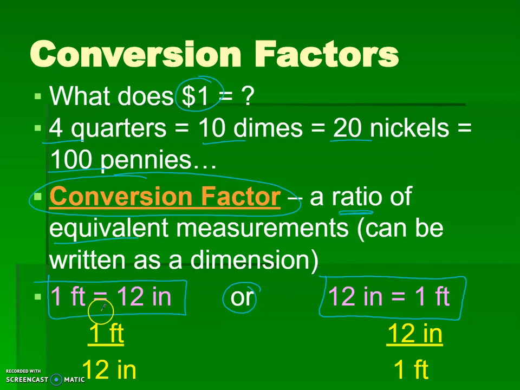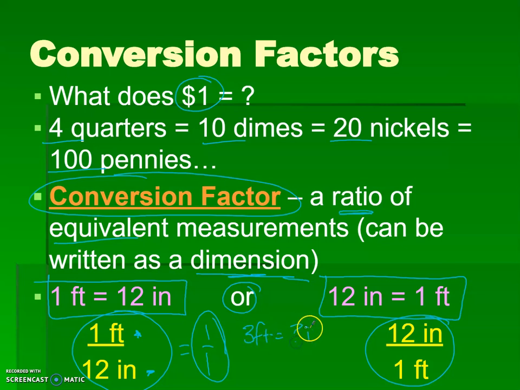Since these things are equal to one another, if we write them as a numerator and a denominator, this in essence is 1 over 1. So mathematically, we can use this fraction or this fraction to convert 3 feet into however many inches we have, or 48 inches into how many feet.